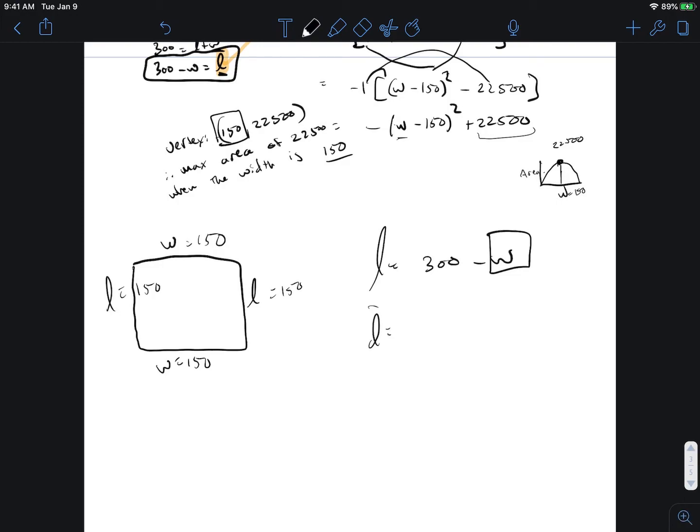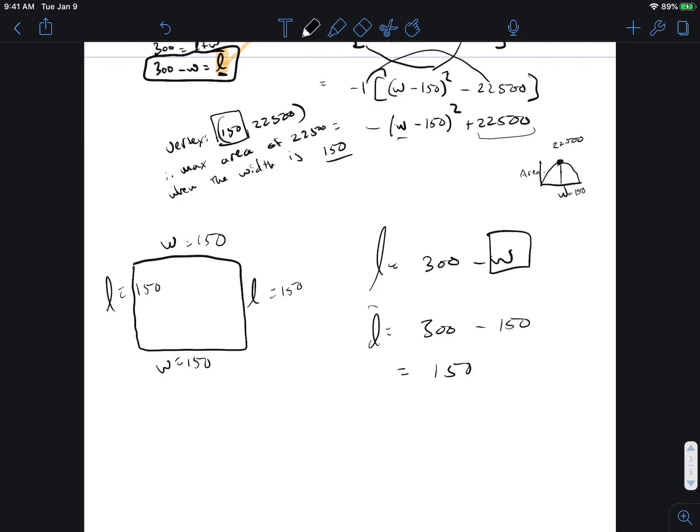So length is equal to 300 minus 150, which is 150. And then you can deduce, just by doing one of these questions, that the shape that maximizes the area is a square. Does that make sense? When all the sides are the same length, that maximizes the area.